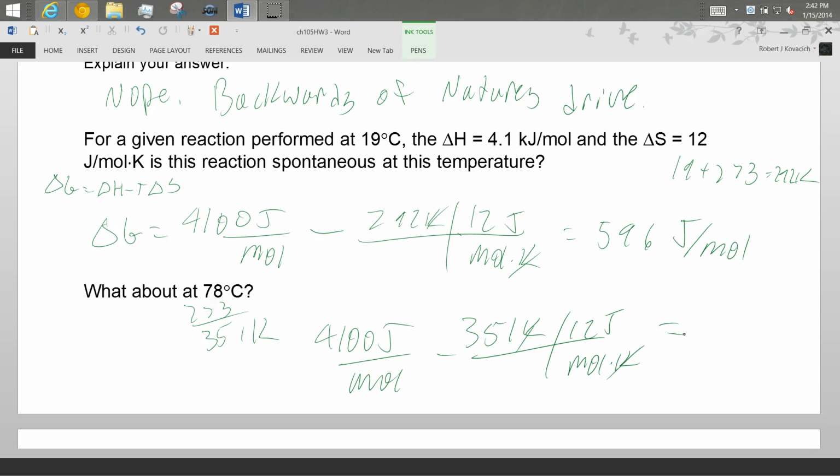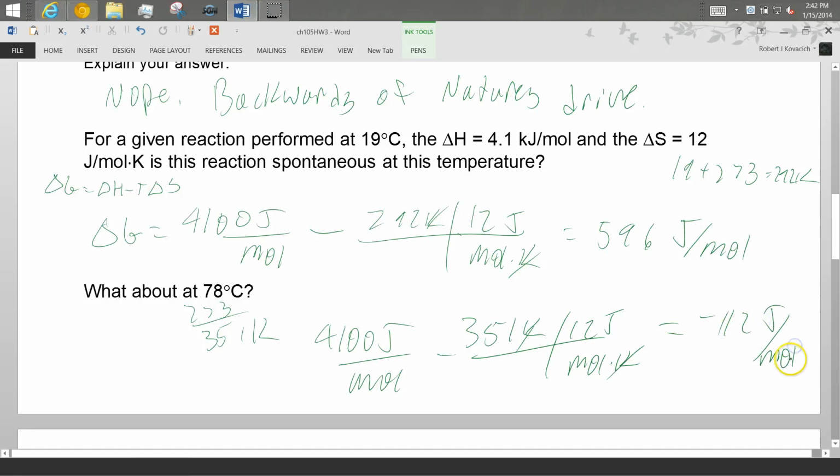This time I get negative 112 joules per mole. So not spontaneous there, yes, spontaneous here, because we became negative when we did it that way.